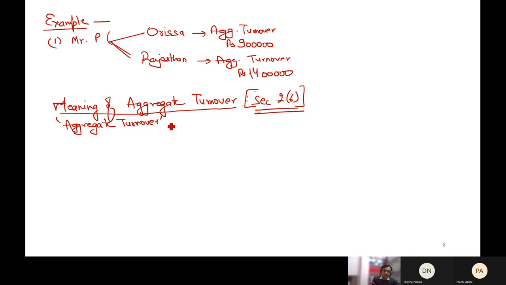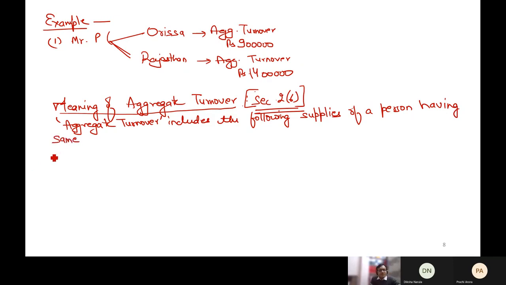Aggregate turnover includes the following supplies of a person having the same PAN number, the same permanent account number, because when you take GST registration, PAN number is compulsory. Same PAN number on all India basis. Now this has to be computed on all India basis.